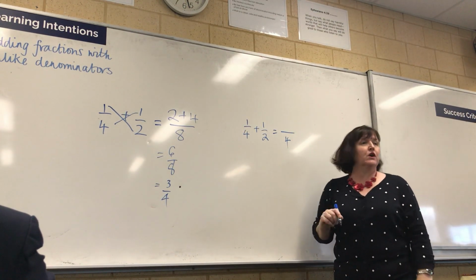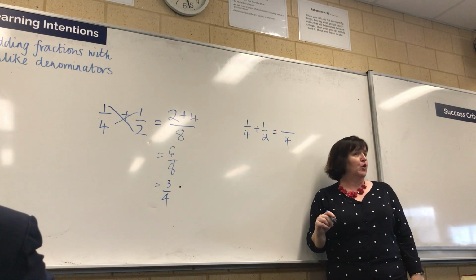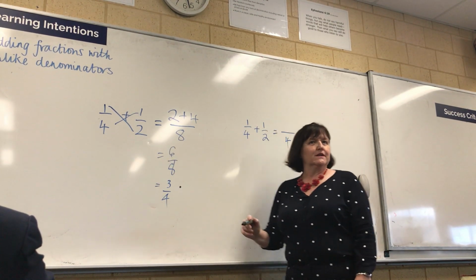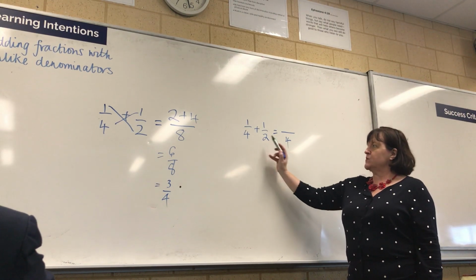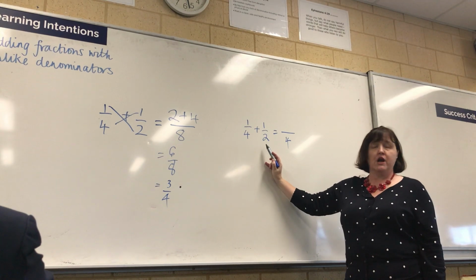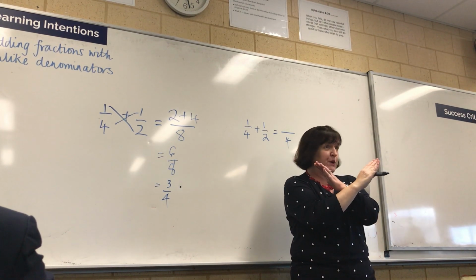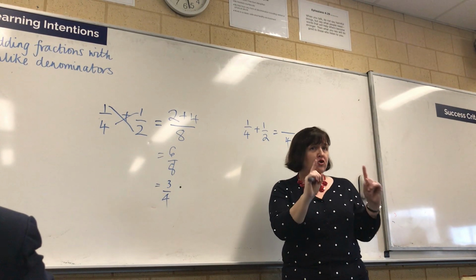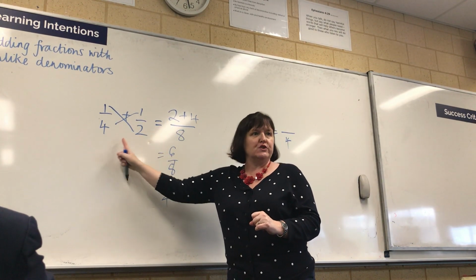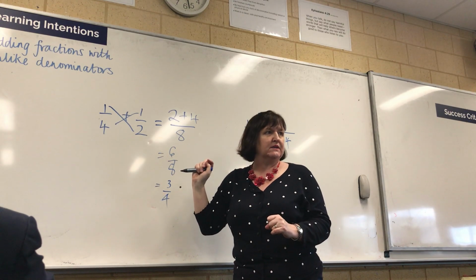So our new common denominator is 4. If you notice, it's not 8. So, did we get that 4 by multiplying the 4 and the 2? No, so we can't cross multiply. You can only cross multiply like that when you've multiplied those two together to get the denominator.